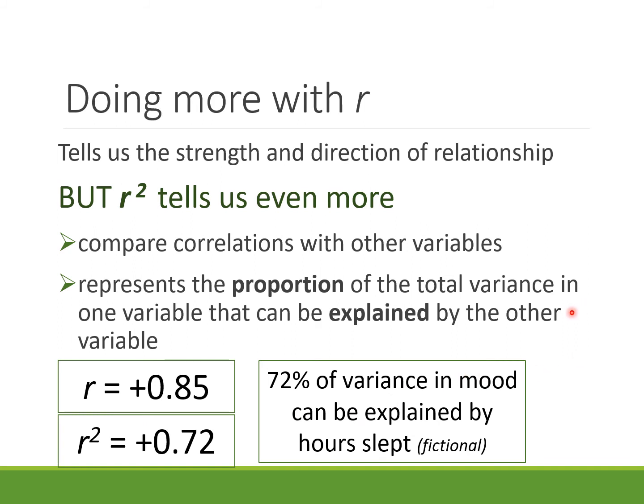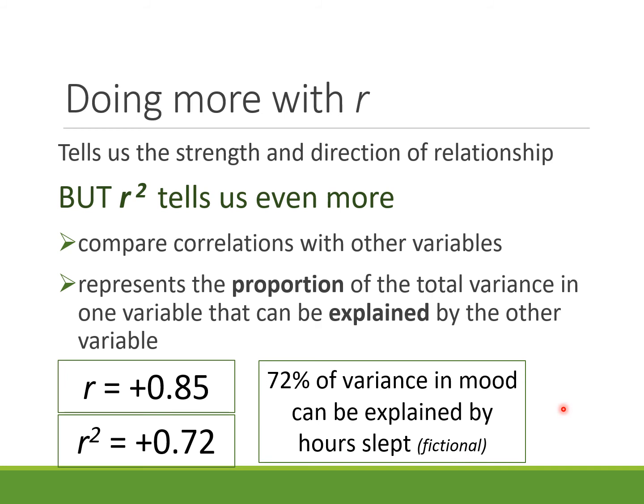But what this tells us is that in the relationship between sleep and mood, 72% of the variance in mood can be explained by the hours slept. Now, I did point out that this was fictional data. This was not data based on an actual experiment done by the researchers in our book, but it is similar to research that has been done. It's just not exact, okay?